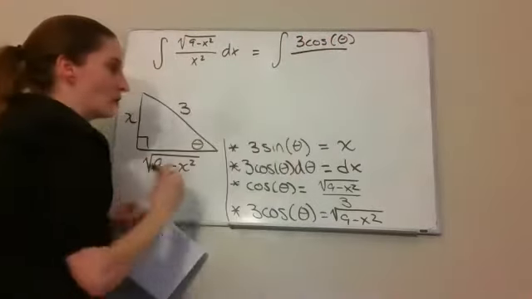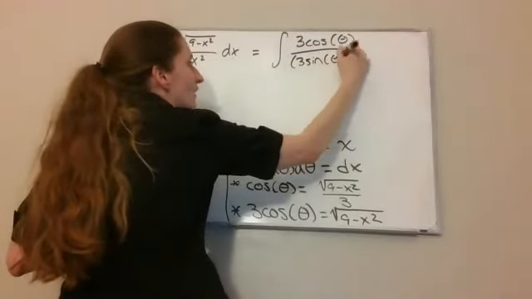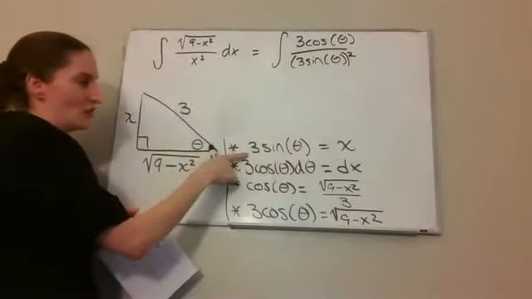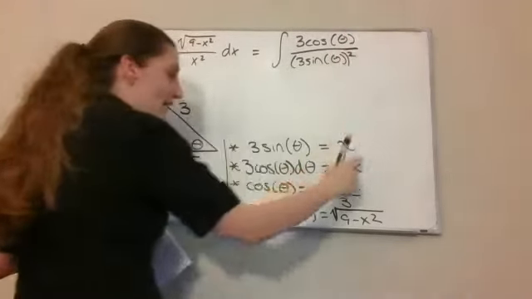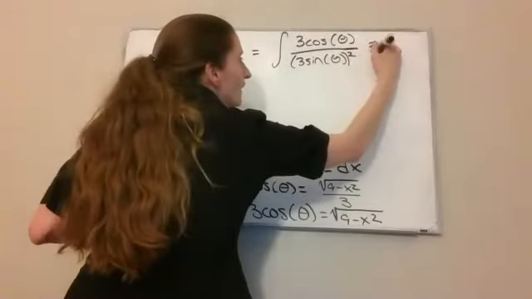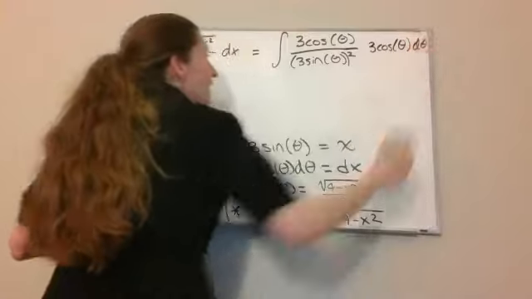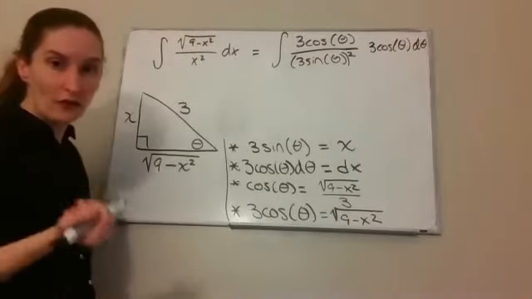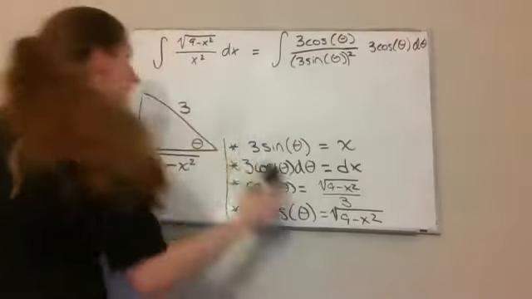My x squared would be 3 sine of theta squared. And I got that just by looking at what x is equal to. And then my dx is 3 cosine theta d theta. And that looks terrible, and I'll fully admit that, but it will simplify and make our lives much easier.